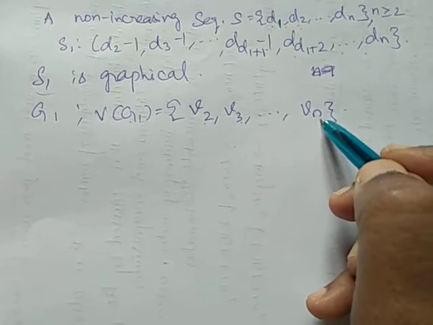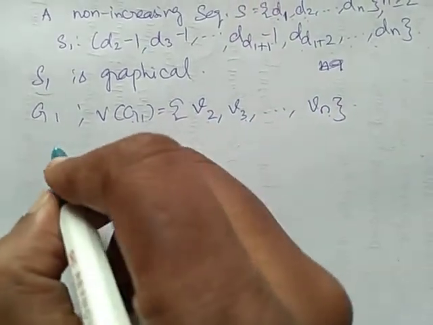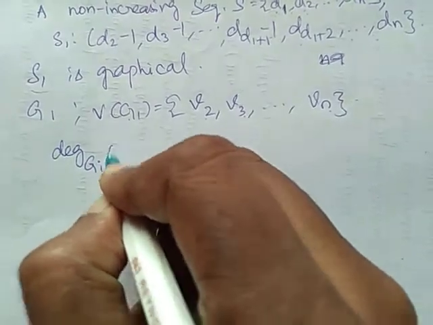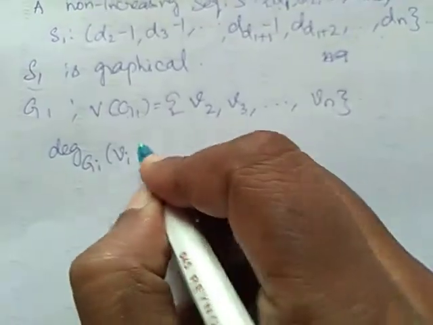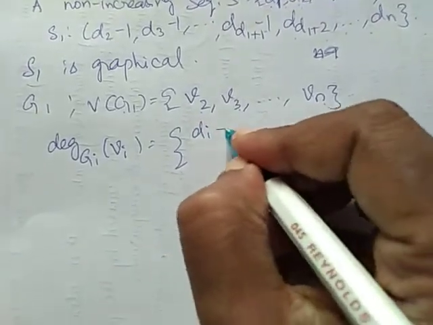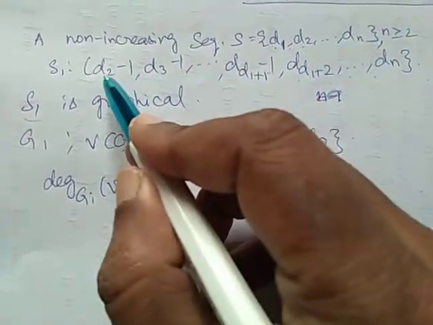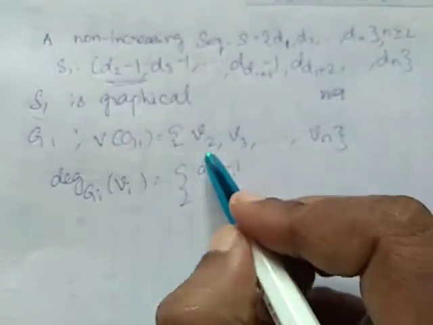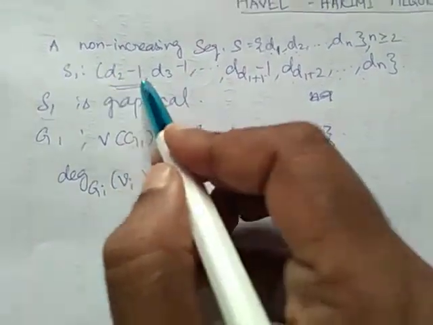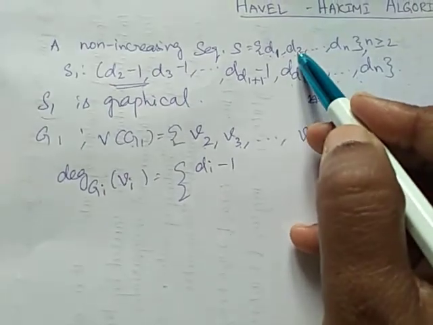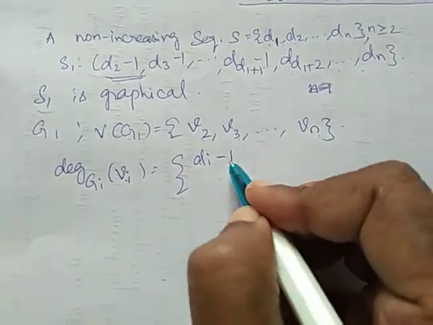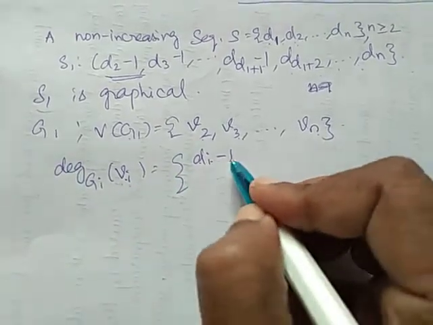Such that, how is the degree defined? The degree of V2 is D2 minus 1. The degree of V3 is D3 minus 1.